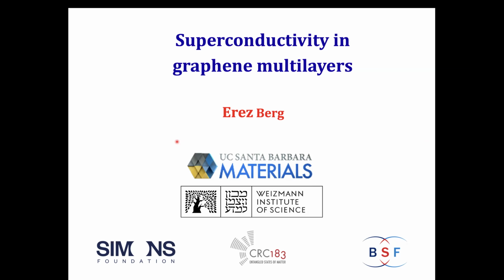So just as a brief background, I think we're living in a very interesting era in 2D materials in general, right? There's a huge phase space that's been exposed in the last decade or so of new 2D correlated electron systems, and they're very, very diverse.